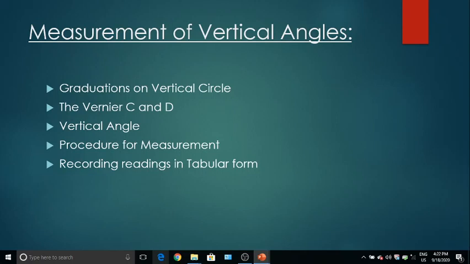Therefore, in order to measure vertical angles, level the instrument with respect to the bubble tube which is present over the index frame.